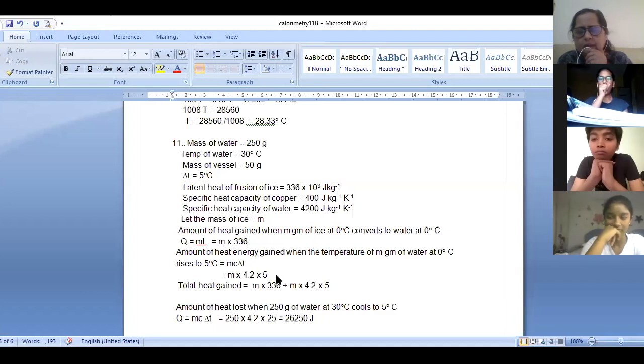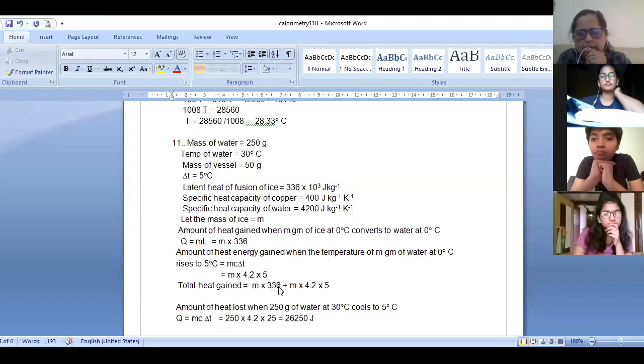Now I'm calculating total heat gain. Q is equal to mL plus mc delta T. So m into 336 plus m into 4.2 into 5. This is the heat gain, when the ice converts to water and the temperature of water rises by 5 degrees.